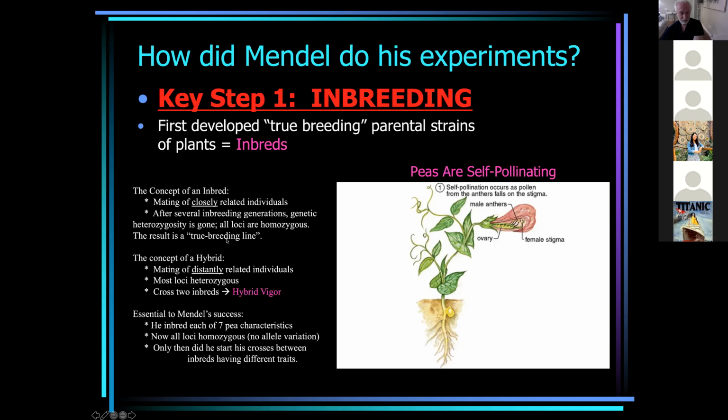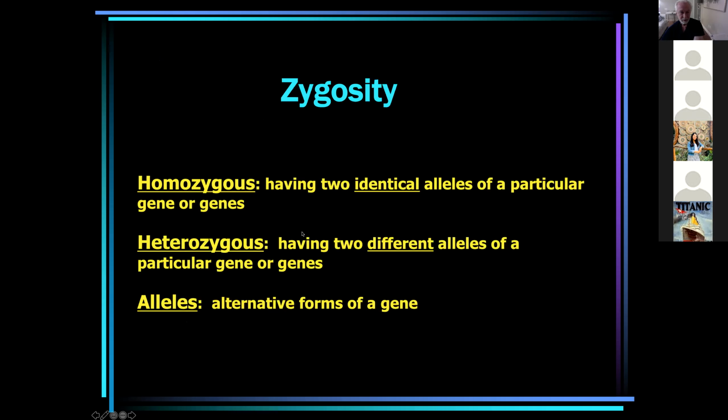I've talked about several terms here, and I'd like to explain them. Zygosity and alleles. Homozygous means two identical alleles of a particular gene. Heterozygous is the opposite.